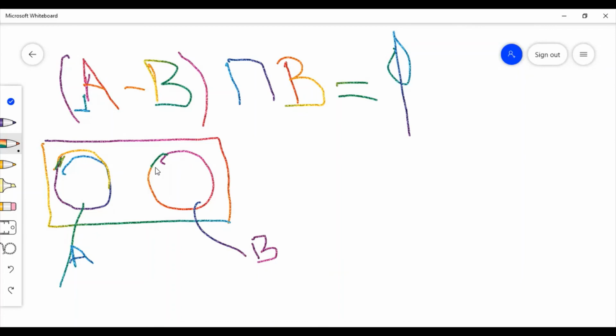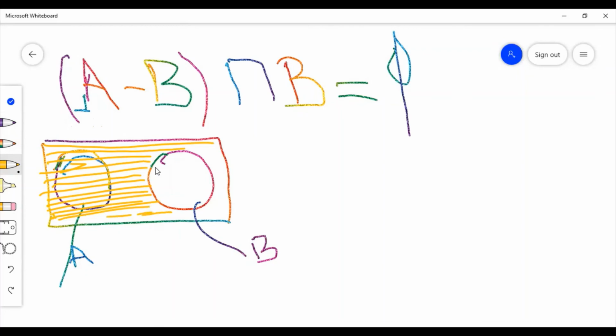What I mean to say, let's see, how can I draw this one with this color? So this is the region which is A minus B. So we must restrict ourselves to this area, not all those areas.